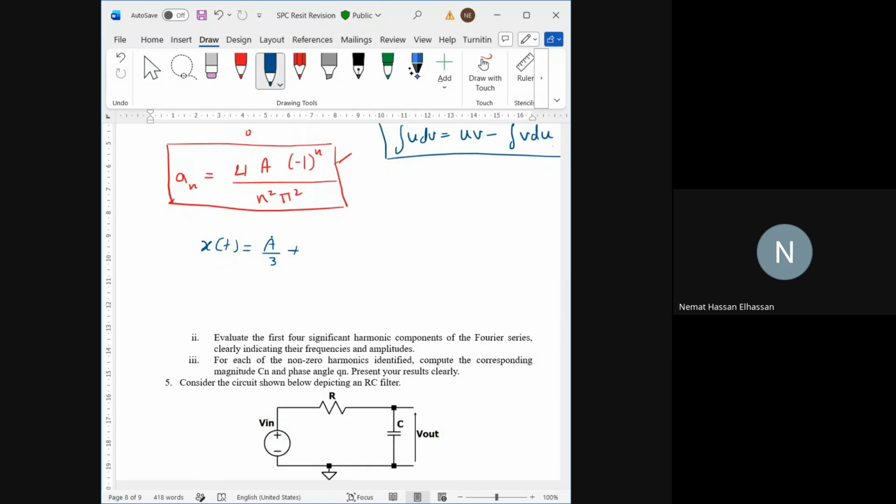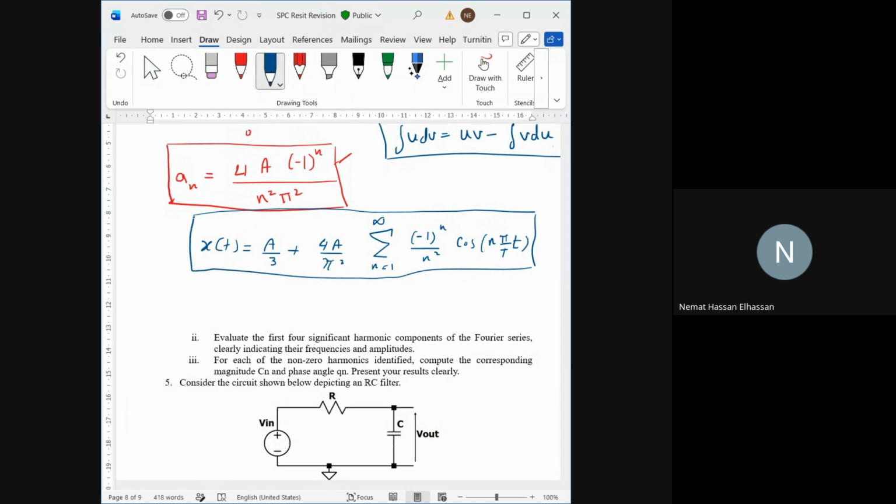Because we don't have the sine term, since b of n is 0, we'll only use the cosine term. So it will be 4a over pi squared, times negative 1 power n over n squared, for n equals 1 to infinity, that is a of n times cosine n omega naught t, which is n pi over T. So this is the trigonometric form of the Fourier series after evaluating.